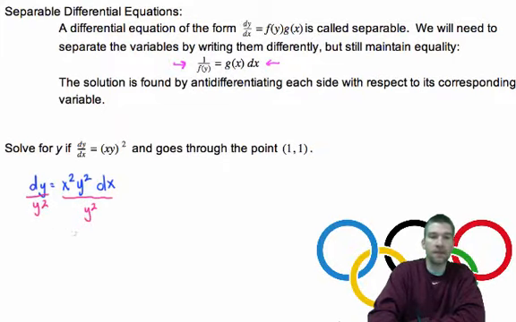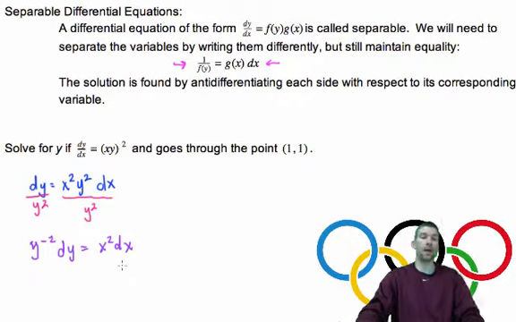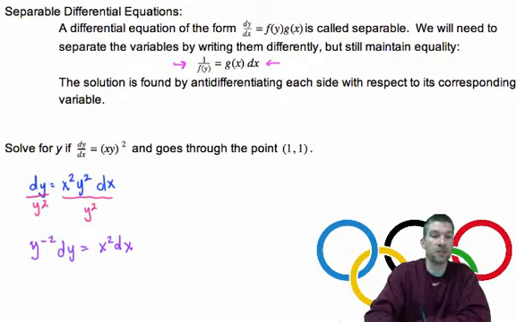Okay, and what this gives me is 1 over y squared. Let's be cool and call this y to the negative 2 dy equals x squared dx. From here, we're just going to integrate both sides.